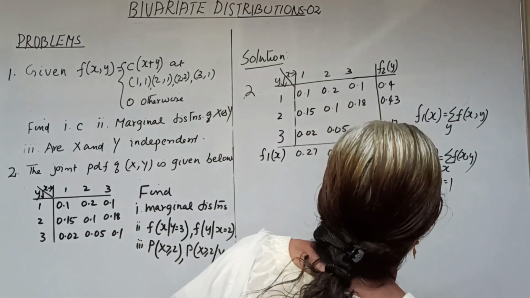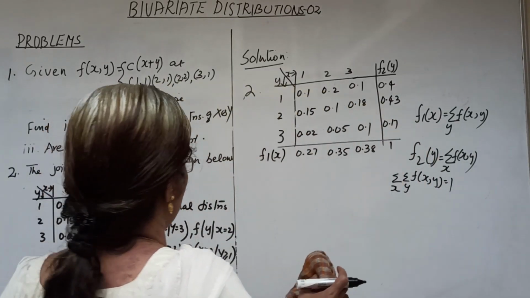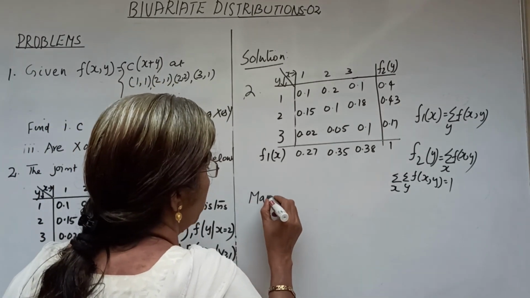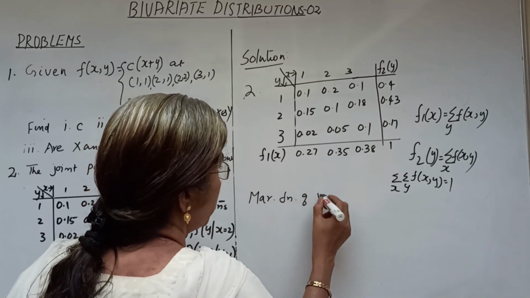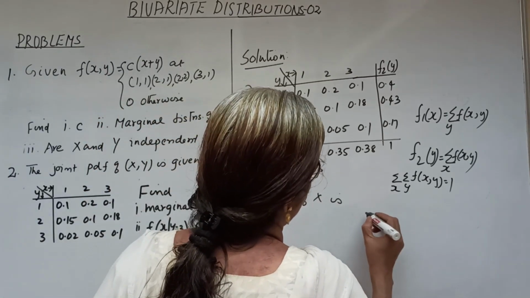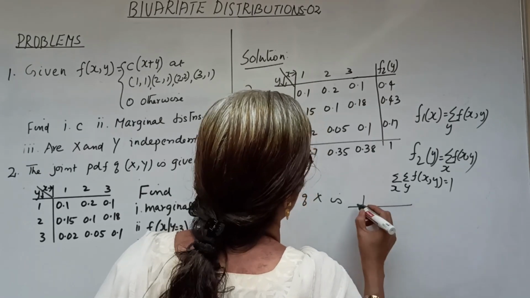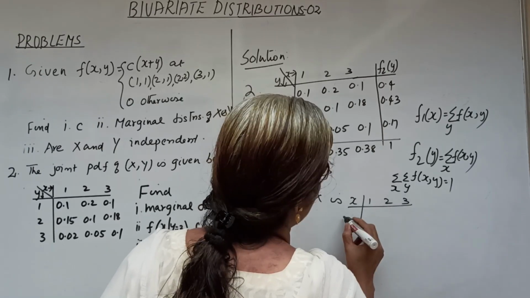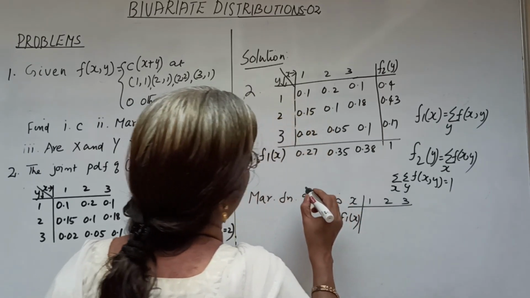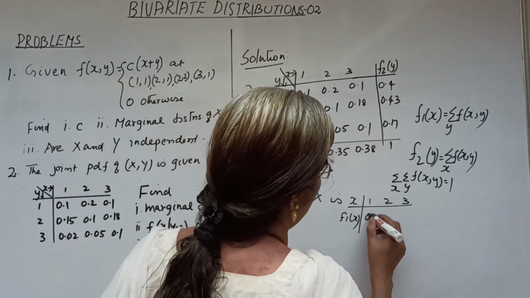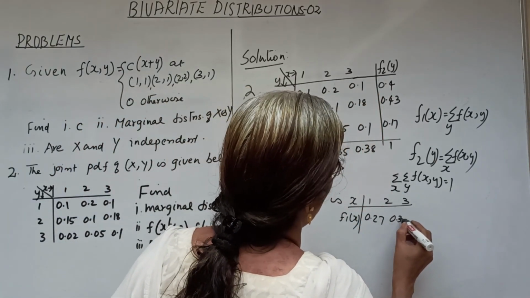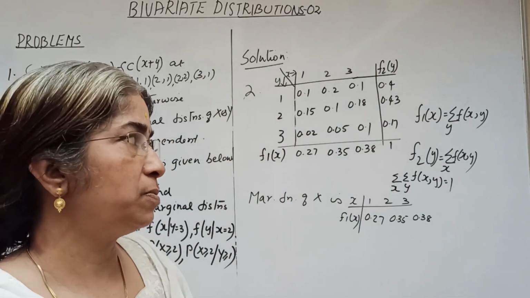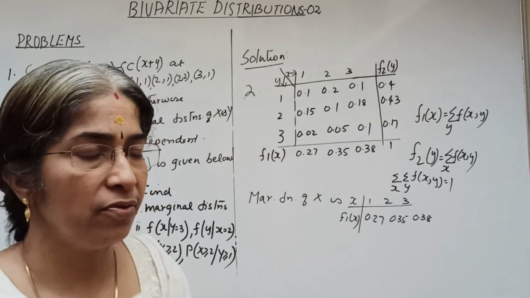Now we have to obtain the second part. The marginal distributions are already obtained. Let us write the marginal distribution of x. It can be written as a table: x takes values 1, 2, 3 and f1(x) is the column total 0.27, 0.35, 0.38. f1(x) is obtained by sigma over y of f(x, y).